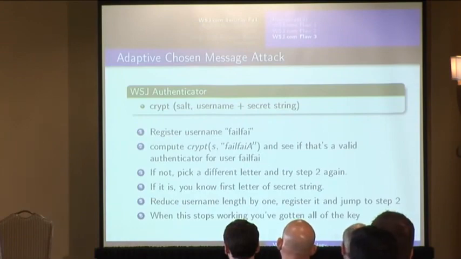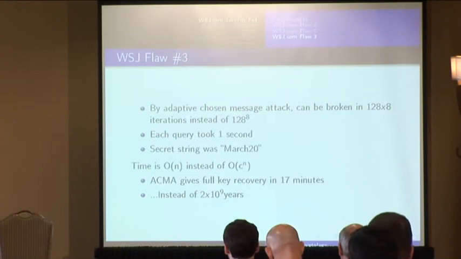So this is basically exactly the same attack that was used in the 10x password recovery back in the 70s. It's the same attack that's used in Netifera's POET padding Oracle attack. And by doing this, the adaptive chosen message attack, you can break this in 128 times 8 iterations instead of 128 to the 8th power.